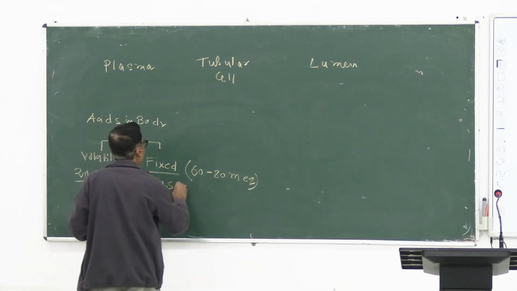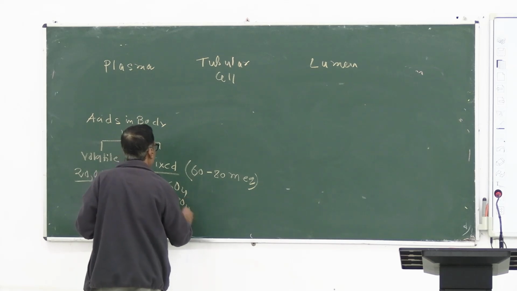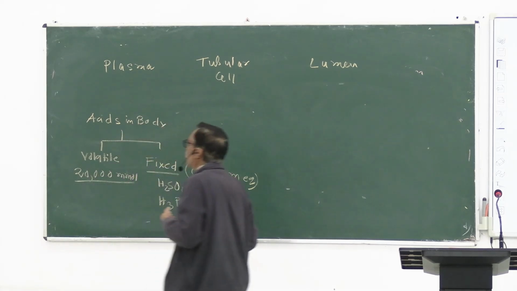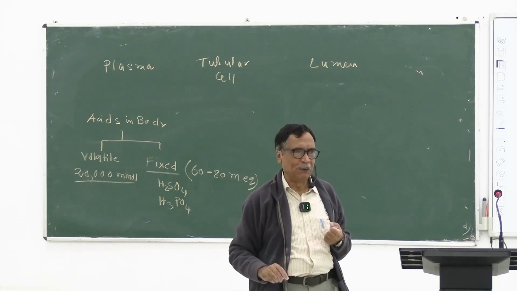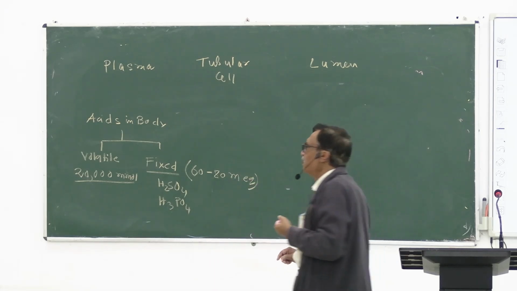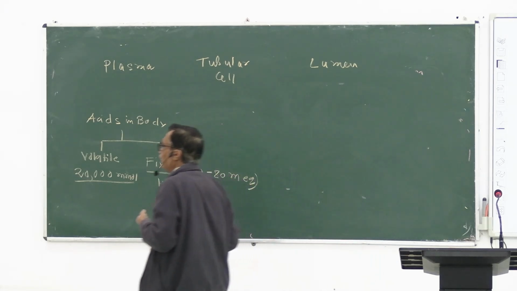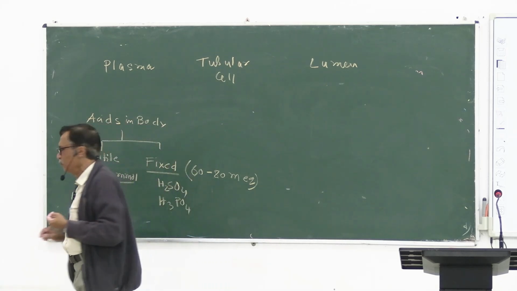It is in the form of H2SO4, H3PO4, phosphate. Both sulfate and phosphate come from the protein, sulfoprotein and nucleoprotein or phosphoprotein. On metabolism they give rise to H2SO4 and H3PO4, in a very little amount.